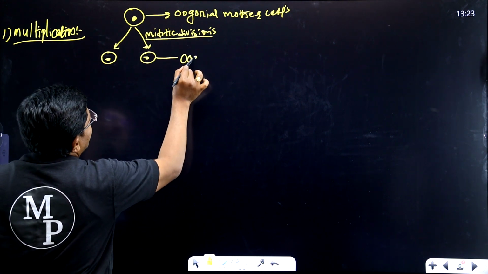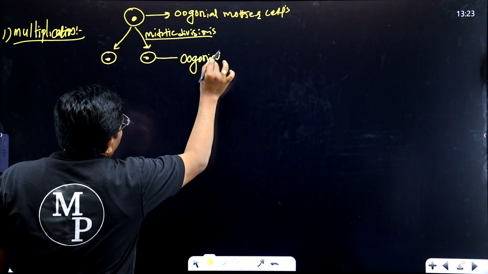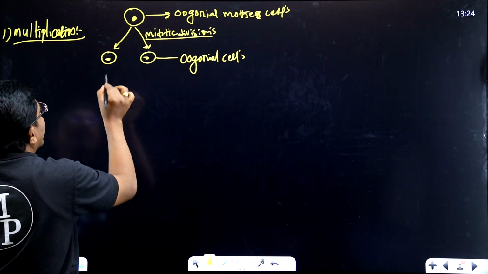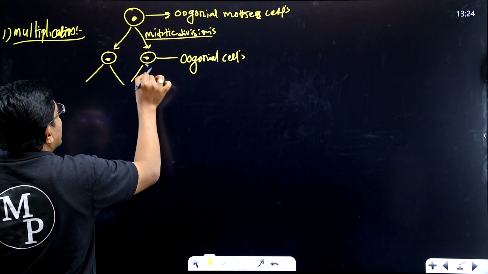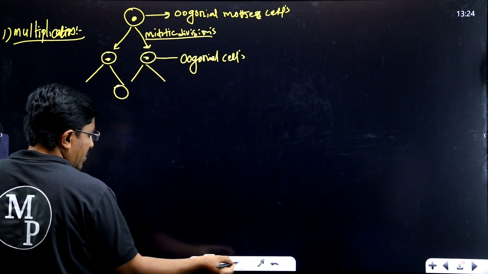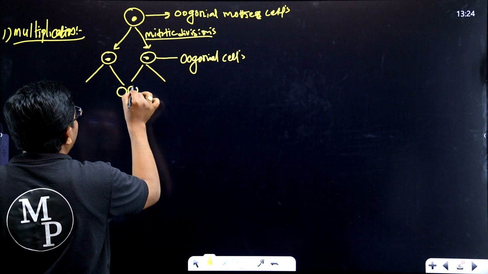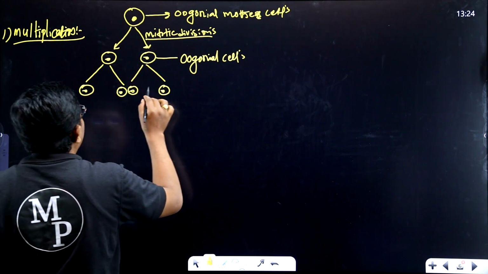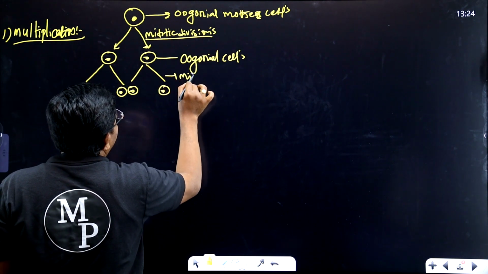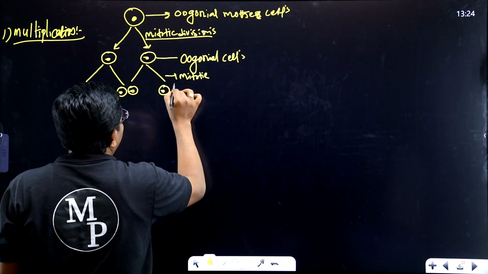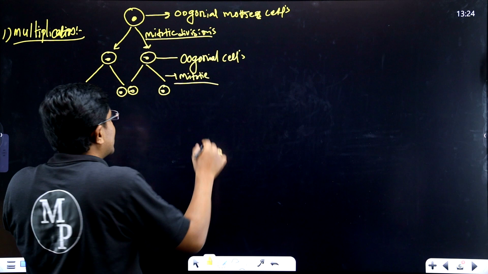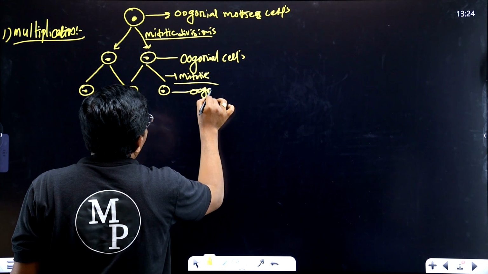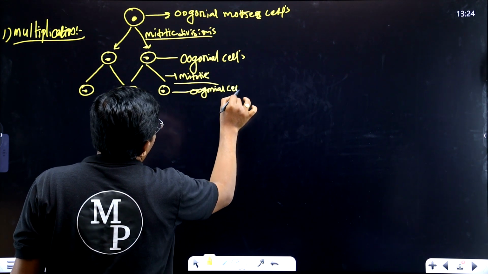The oogonial cells again undergo repeated mitotic divisions, not only two or three times but many times, and again oogonial cells are formed.